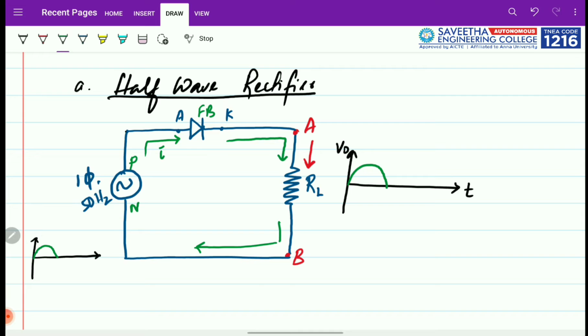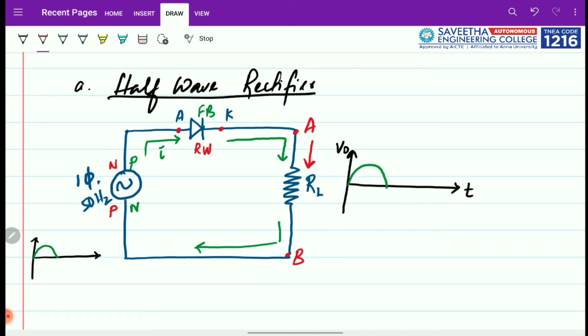In the second half cycle, there is a change in the terminals on the input side, because in the next half cycle this becomes the phase and this becomes the neutral. What happens is, in this type of connection, the cathode is now connected to the higher terminal and the anode is connected to the lower terminal, so it becomes reverse biased.